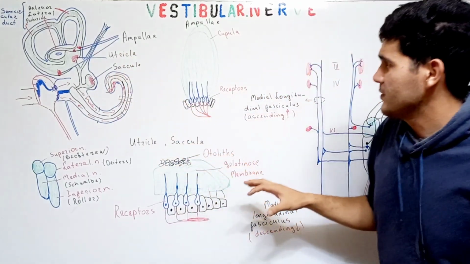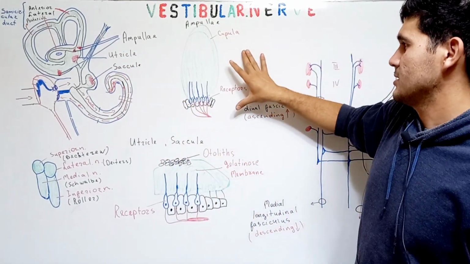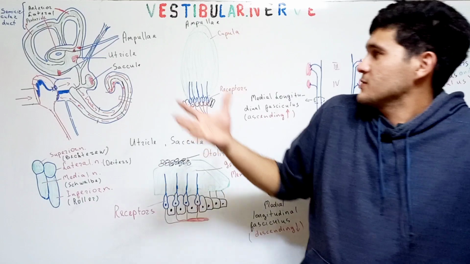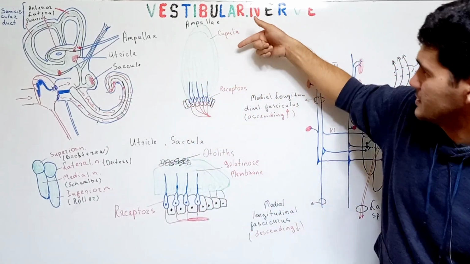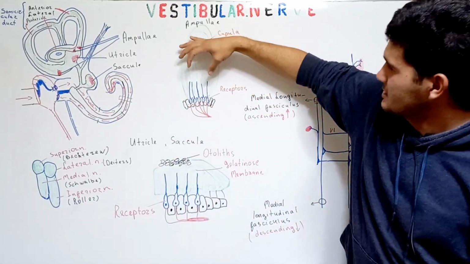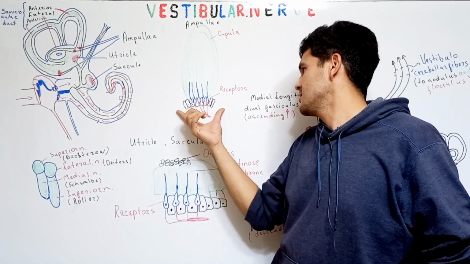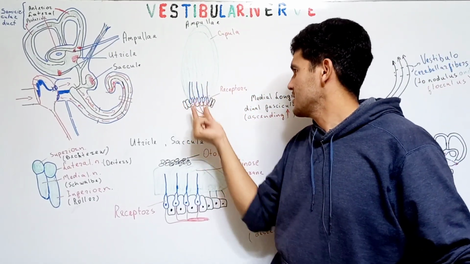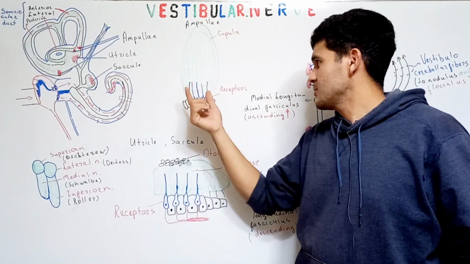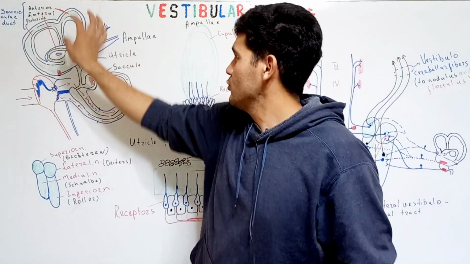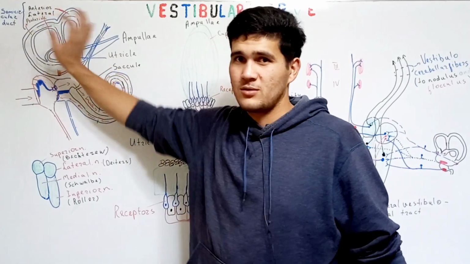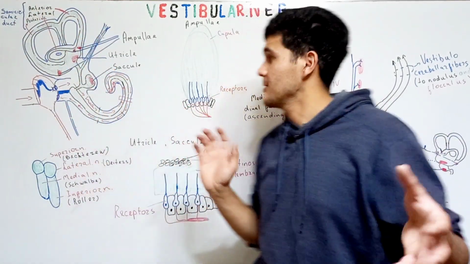And if we talk about the structure of the receptors, the ampulla consists of the cupula on the receptors and some kind of sustaining cells between the receptors. And these receptors provide information about the movement of the fluid in the semicircular ducts according to the movement of the head, okay?